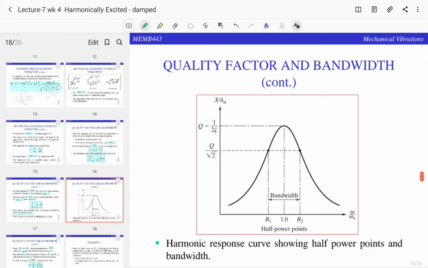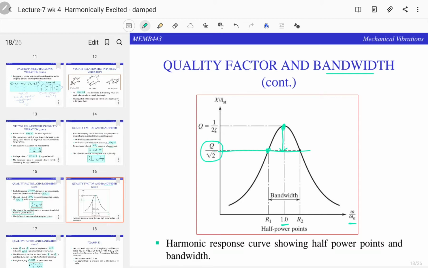So what about the definition of bandwidth? The definition of bandwidth is this: around your R value of 1, you take the peak value here, which we know from the previous equation is 1 over 2 zeta, and then you go down to the point Q over square root of 2.